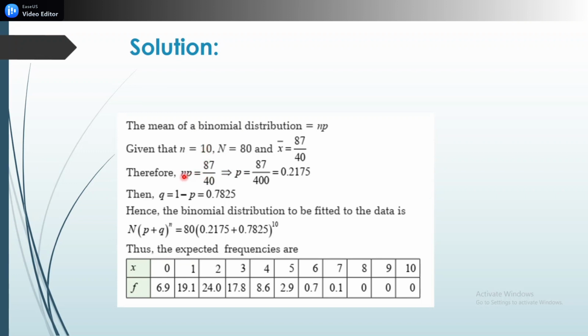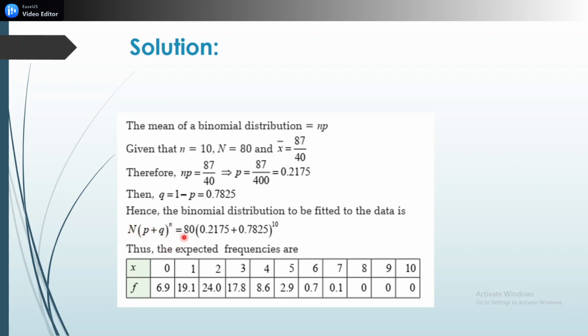So p is 87 over 10 times 40, which is 400. When you make this operation, it is equal to 0.2175. The probability of failure is equal to 1 minus p, which is equal to 0.7825.